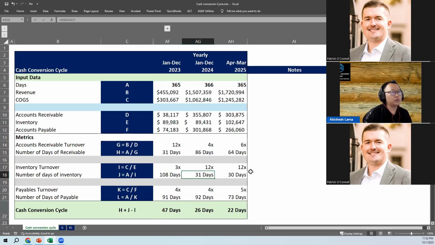So this can also be seen with revenue. Since the revenue has increased, it means they were able to sell their products quicker, from 108 days to, rather than holding it for 3 months, like if they purchase it at the beginning of the month, by the end of the month the product is sold out.